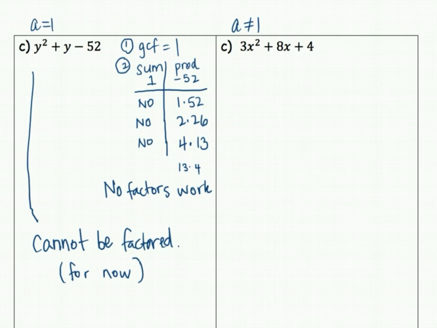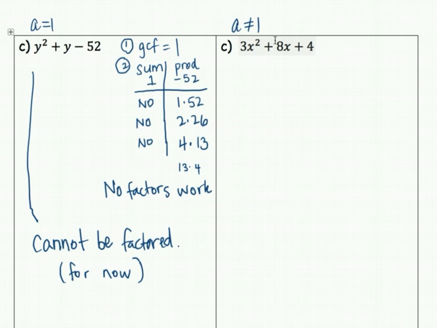Make sure you go through all of the steps. Find the greatest common factor, look at the product-sum table, look at every single factor that can possibly multiply to the number that you need. And if you cannot add to the number that you need, then you know, okay, I've checked everything. This is a cannot be factored answer. Okay? All right, so let's go to the next one.